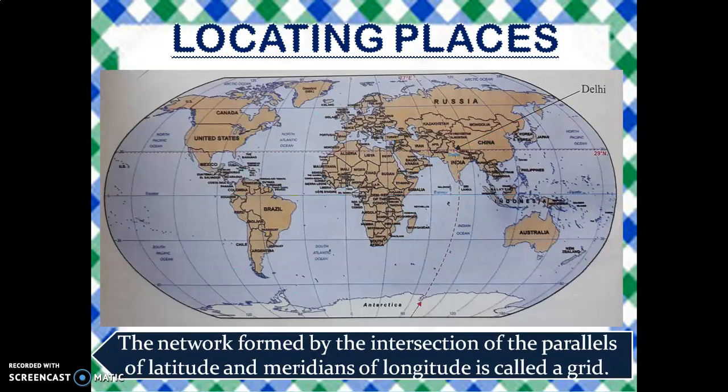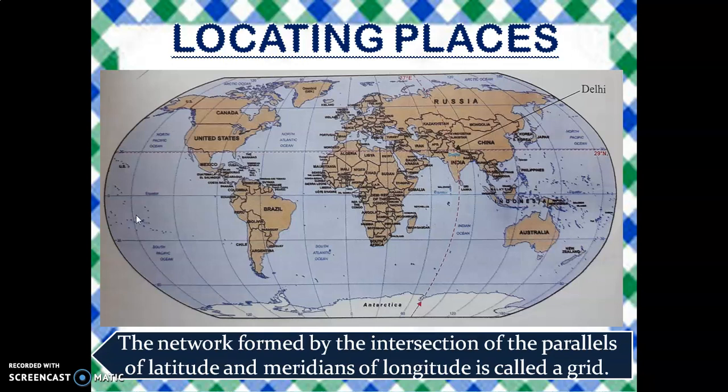Now, why do we draw these longitudes and latitudes? Basically, we draw these longitudes and latitudes to locate any place on the earth. The network which is formed by the intersection of the parallels of latitude and meridians of longitude is called a grid.